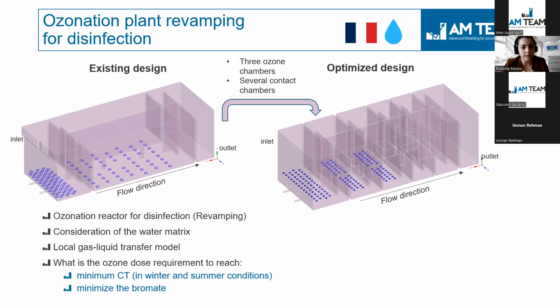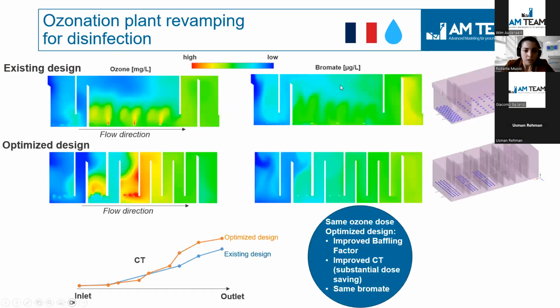So there's an existing design where we want to maximize the performances, so maximizing the disinfection capabilities while minimizing or maintaining the bromide formation as low as possible. So on the left side, you see the existing design, and on the right side, you see the optimized design.